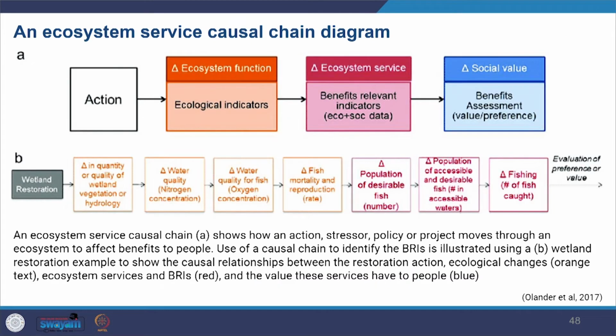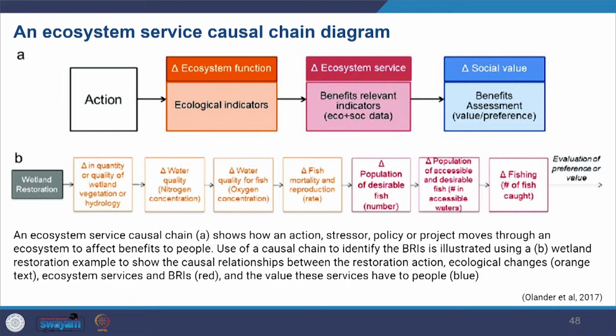You may also construct a causal chain diagram, also known as a path model or means-end diagram. This will help you to track how a project action or impact can propagate through ecosystems, and eventually, after changes in the provision of ecosystem services, to benefits for a particular beneficiary group.